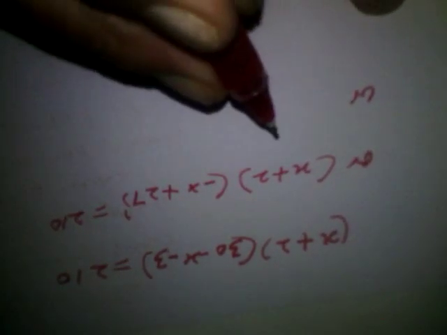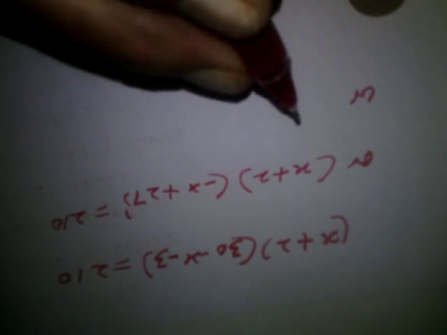Now we will open these two brackets, because our aim is to convert it into the standard form of the quadratic equation, that is ax square plus bx plus c is equal to 0. So we are going towards that.